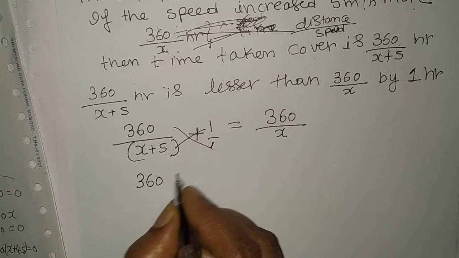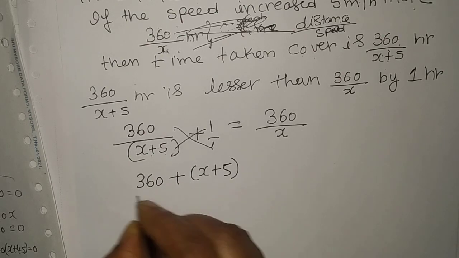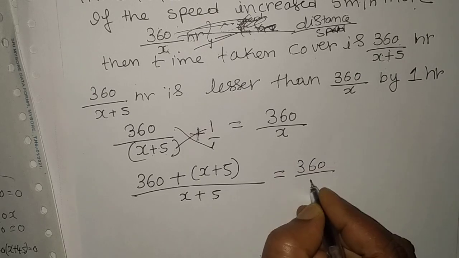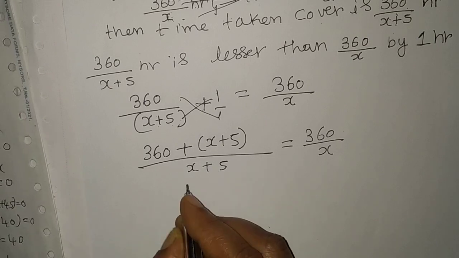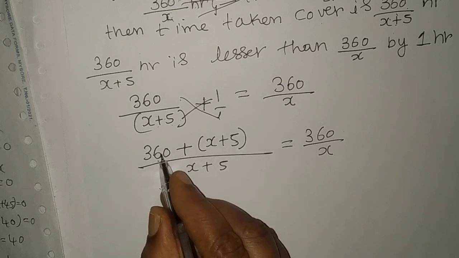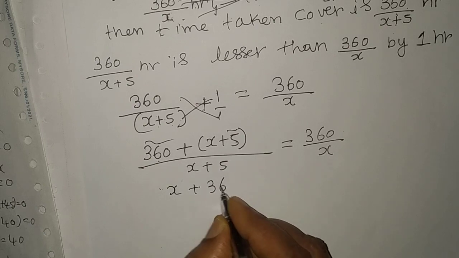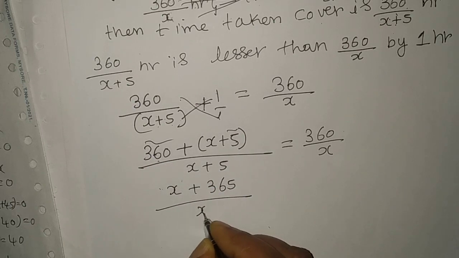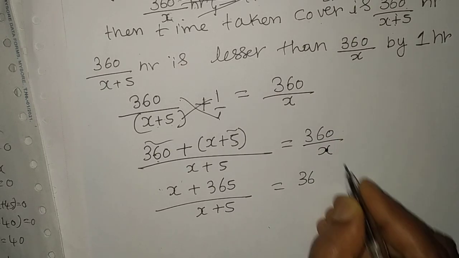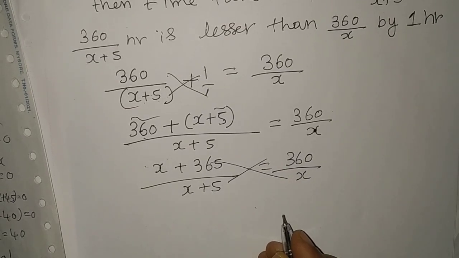Therefore 360 into 1 plus x plus 5 by x plus 5. We keep this side as it is. Now simplify this: 360 plus 5, therefore we get 365 by x plus 5 is equal to 360 by x. Now we can cross multiply this.